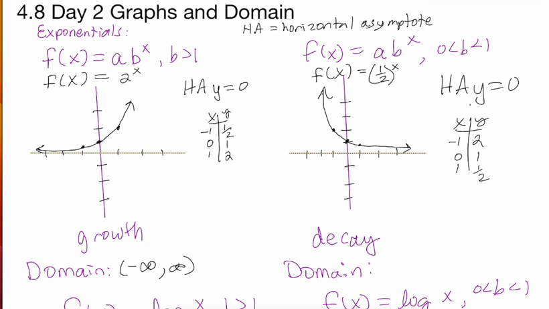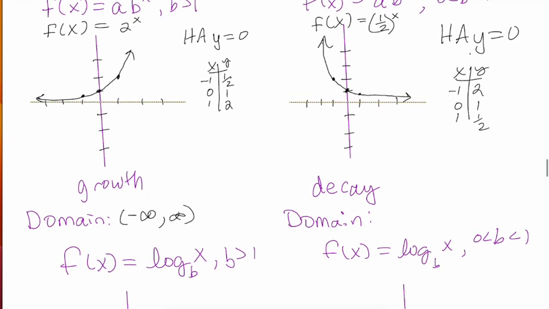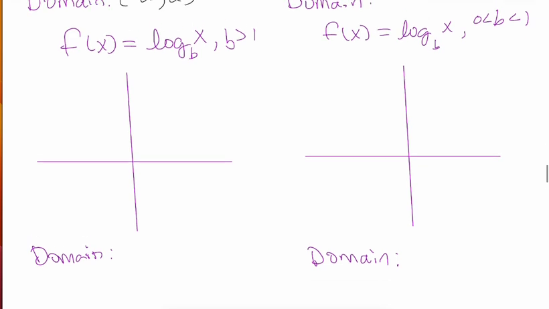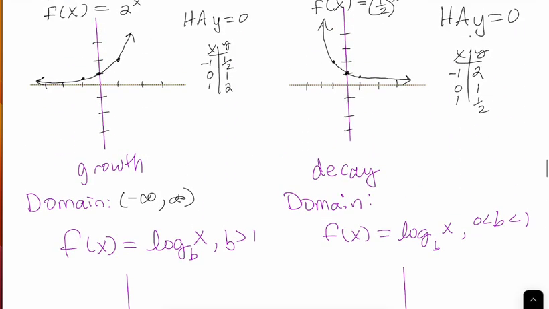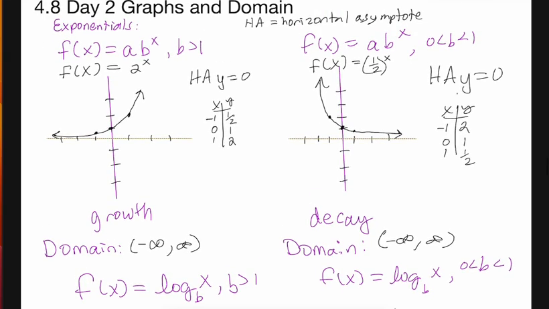Okay, so that is what our exponentials look like. And this domain is still negative infinity to positive infinity. So that's what our exponentials look like.